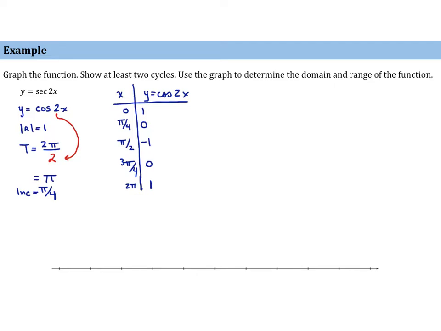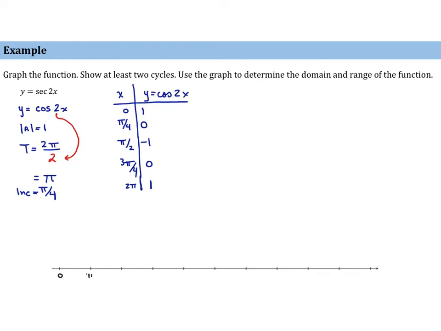So now let's look at marking off our x-axis. Our beginning value, we can have a 0, and then we'll just increment using pi over 4.